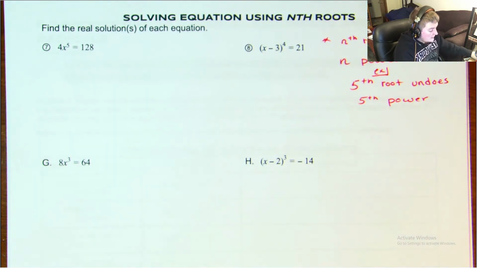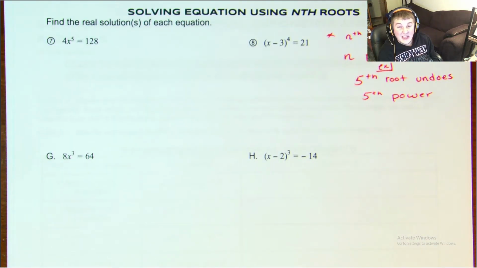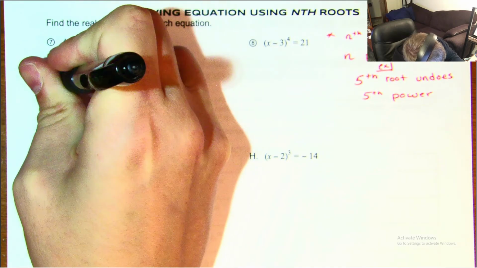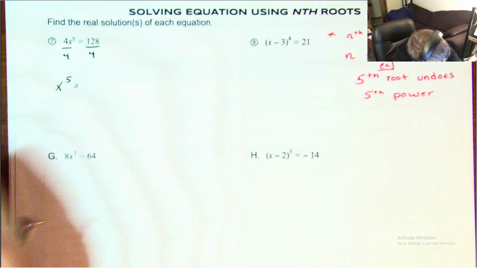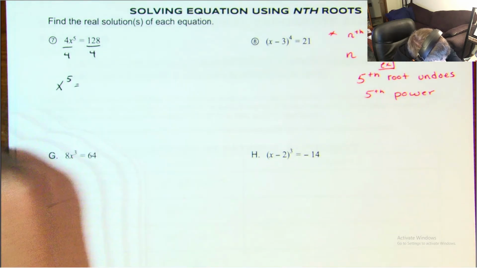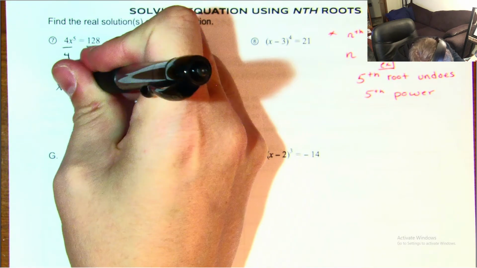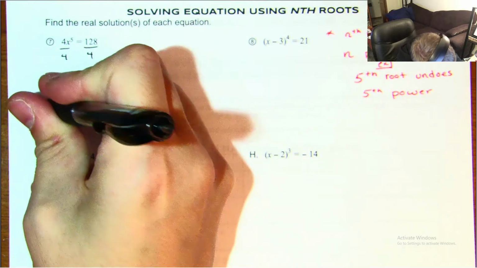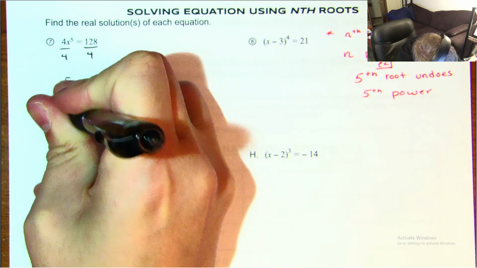Okay, so when I'm looking at 7, I see 4 times x to the fifth power. Well, if I could get that x to the fifth power, that would be great. And we can do that pretty easily just by dividing by 4. So now I get x to the fifth power is equal to 128 divided by 4, which is just 32. Okay, the fifth root of x to the fifth.